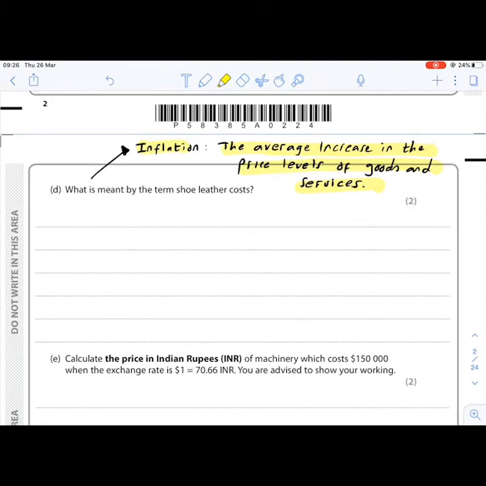Now, this is just an economic term, and yes, in reality, people can actually search by foot looking for cheapest prices in a shopping mall, for example. However, people may also look online for cheaper prices as well. But this would also mean that there is an increase in shoe leather costs.